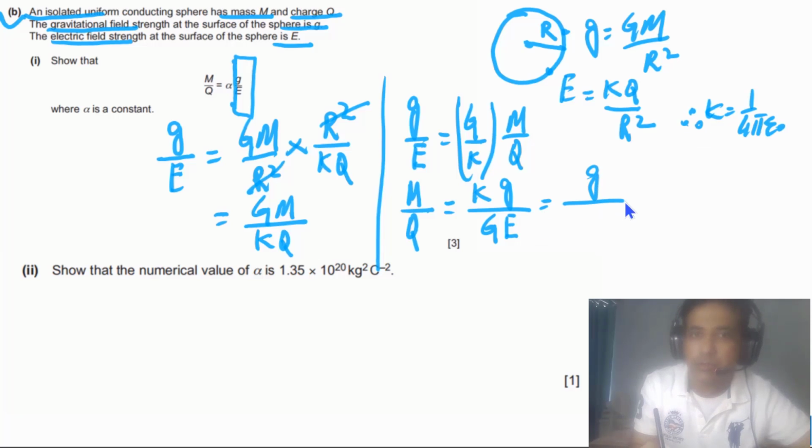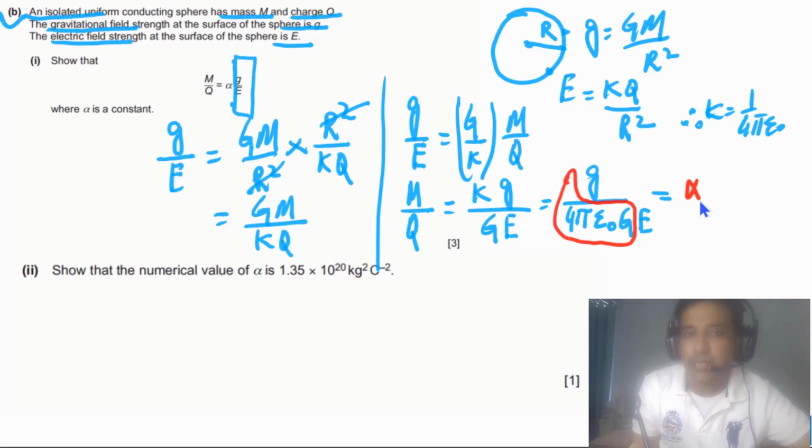So g divided by 1 over 4 pi, it means we will have here 4 pi epsilon naught capital G, and we will have capital E. Now if we rearrange this one, this part is a constant, and this constant we can replace with alpha.